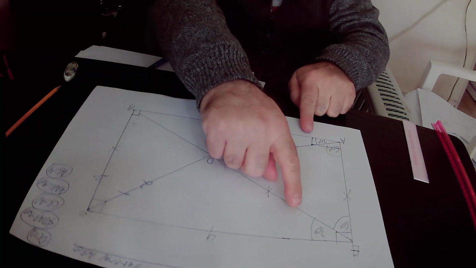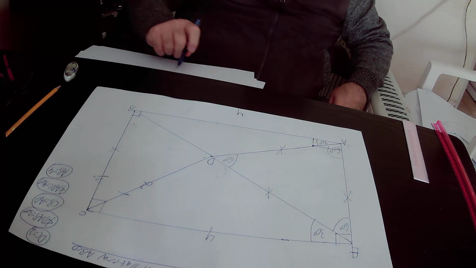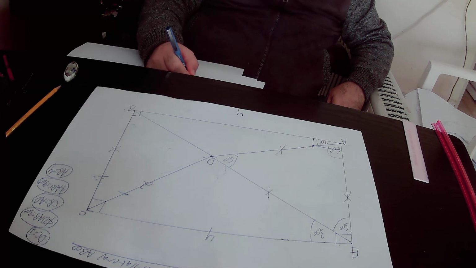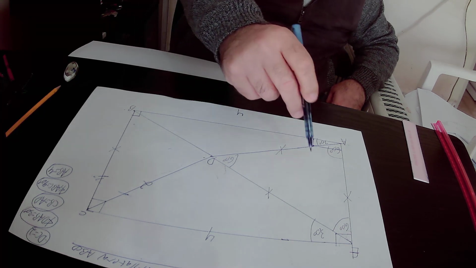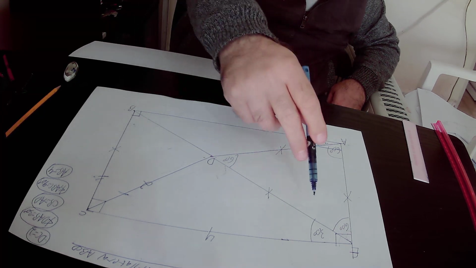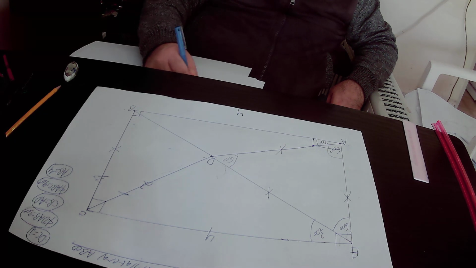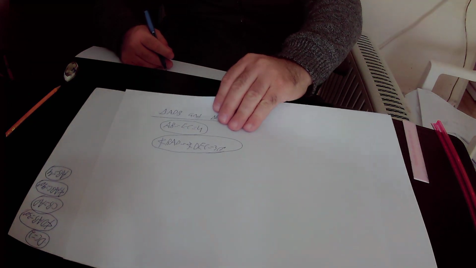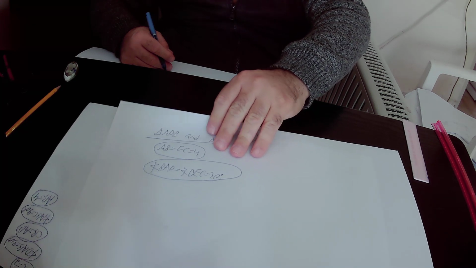We also know that those two angles are equal to each other, they are both equal to 30 degrees, so we can write down that angle BAD, this angle, equals this angle, which is actually angle DEC, and they are both equal to 30 degrees. I'll repeat again: angle BAD equals angle DEC equals 30 degrees.